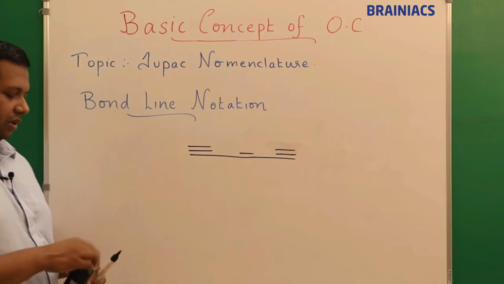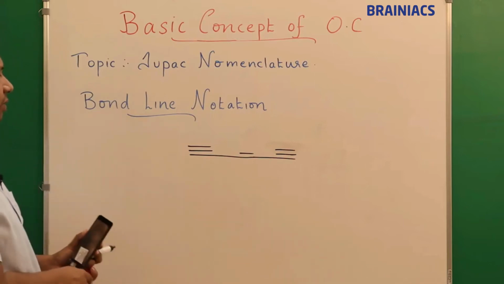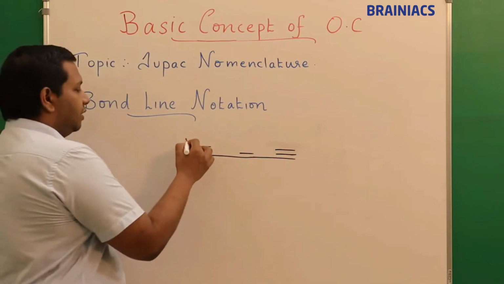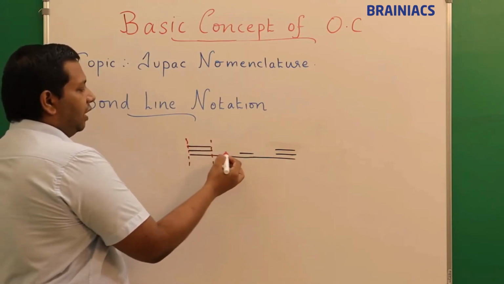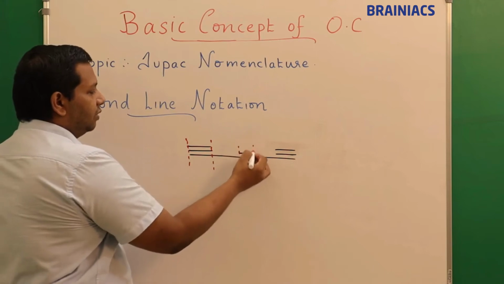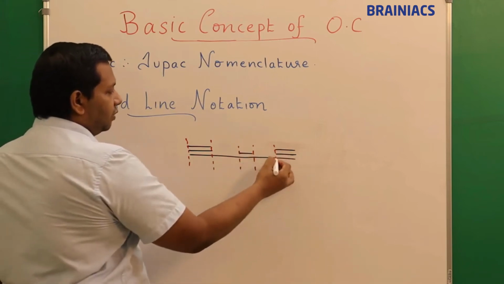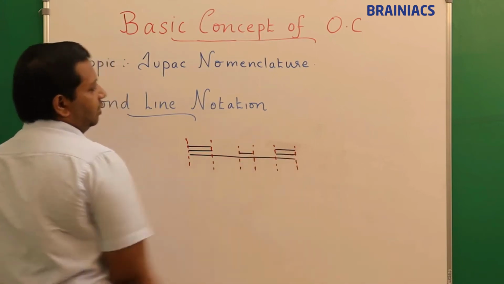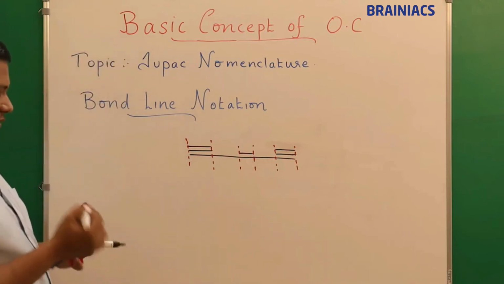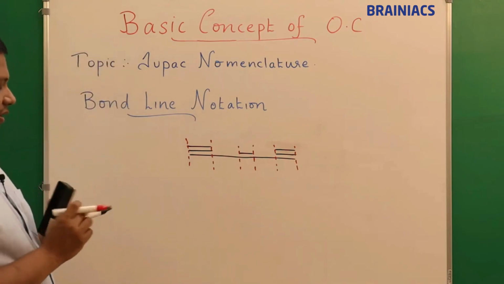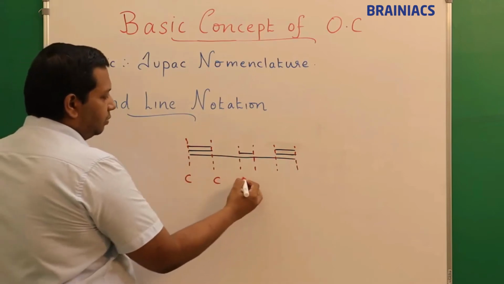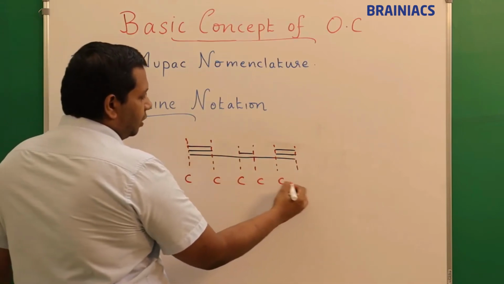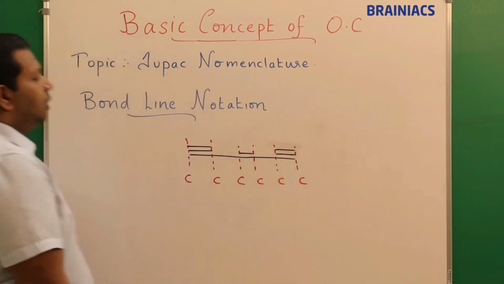Now again the concept is the same. First slice into pieces. So I have sliced starting, ending. Again this is starting and this is ending. Again this is starting and this is ending. Do it like this. Now mark the carbon atoms. These are carbon atoms. This is a carbon atom, carbon atom, carbon atom, carbon atom, carbon atom.